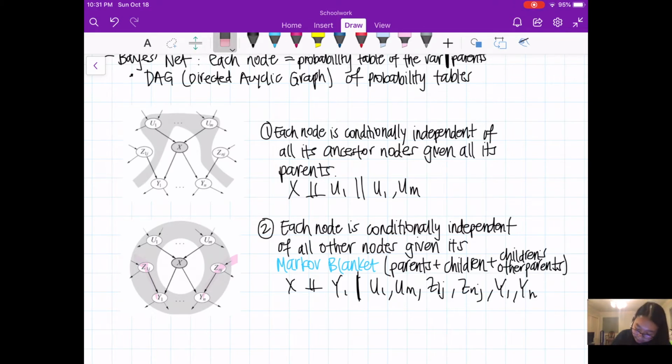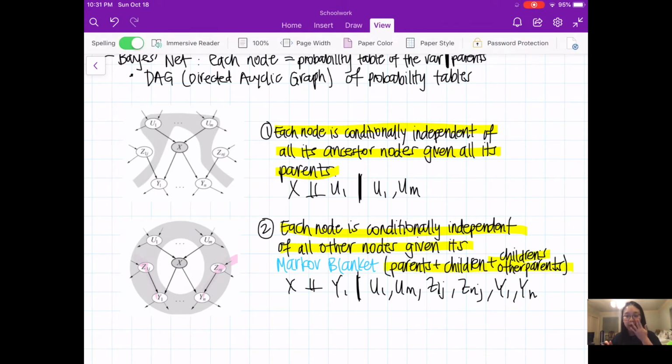I'm seeing this now, but I think this is not supposed to be a parallel sign. Sorry about that. It should just be given, so one line. I think I accidentally just wrote 2. Cool. So these two are the main things you want to remember for Bayes nets. So we really want to keep those in mind.